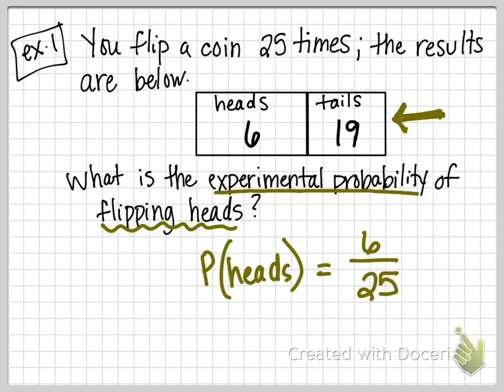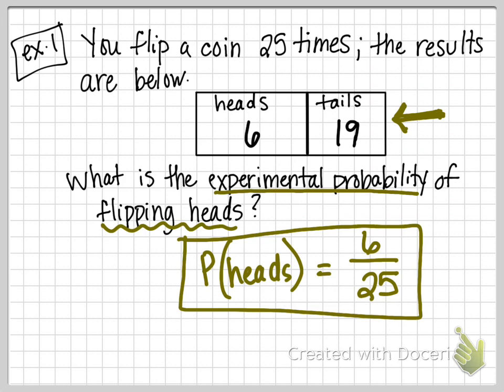So that's how we write this. The probability of that favorable outcome that we are looking for, which is flipping heads, is written as the number of times that it happened in the experiment over the number of total times we did the trials. You can leave it just like this.